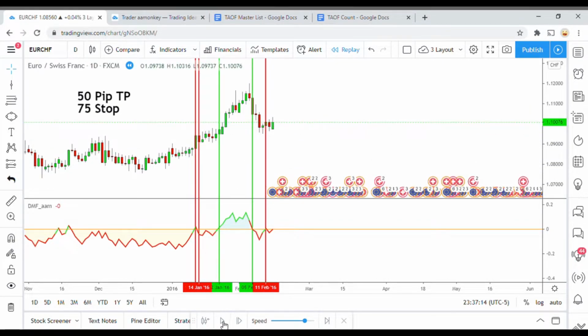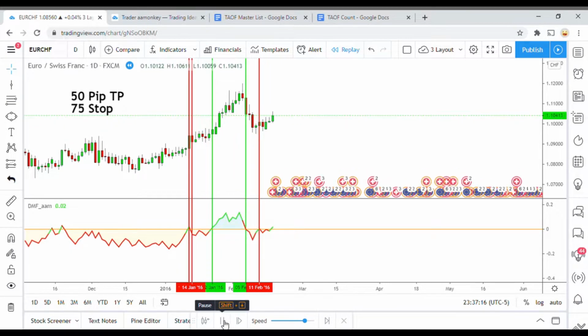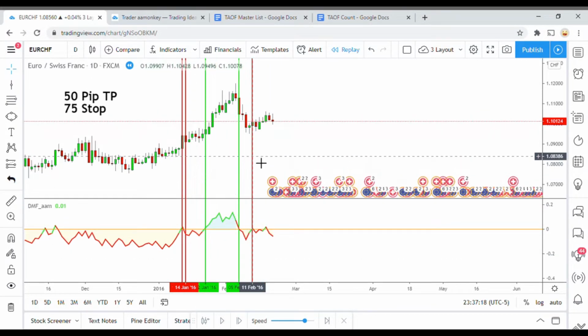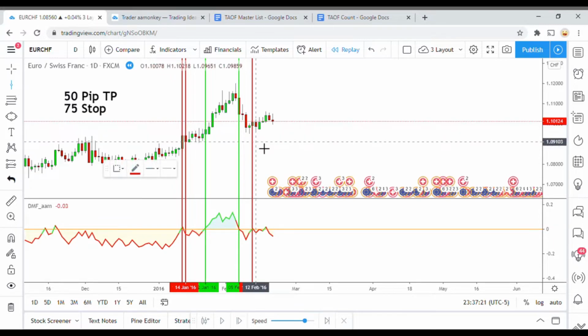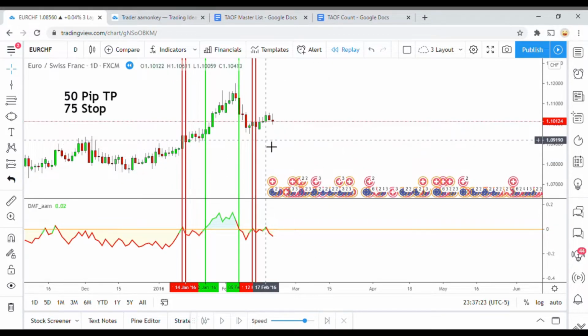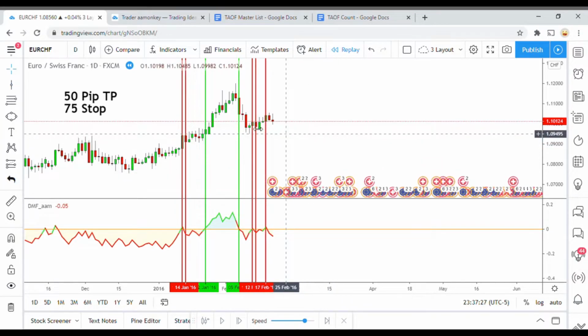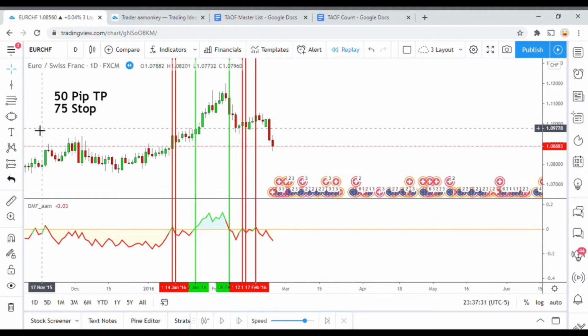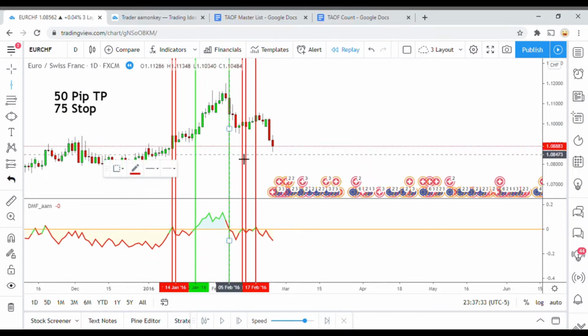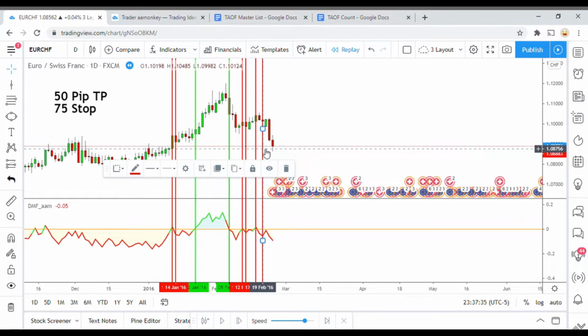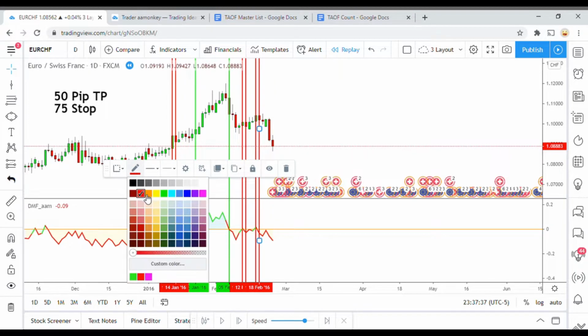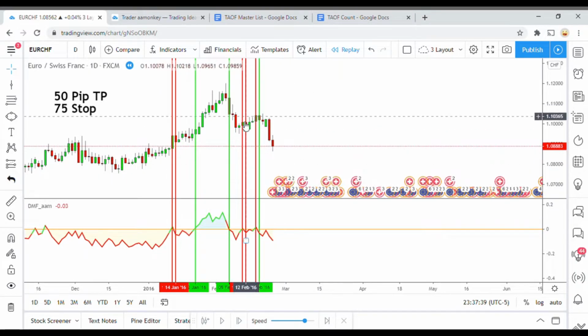This one over here that we're working on now, let's play it forward some and see what happens. So the long doesn't work out. The short doesn't work out. The long doesn't work out. There we go, and we finally pick up a decent trade on that short.